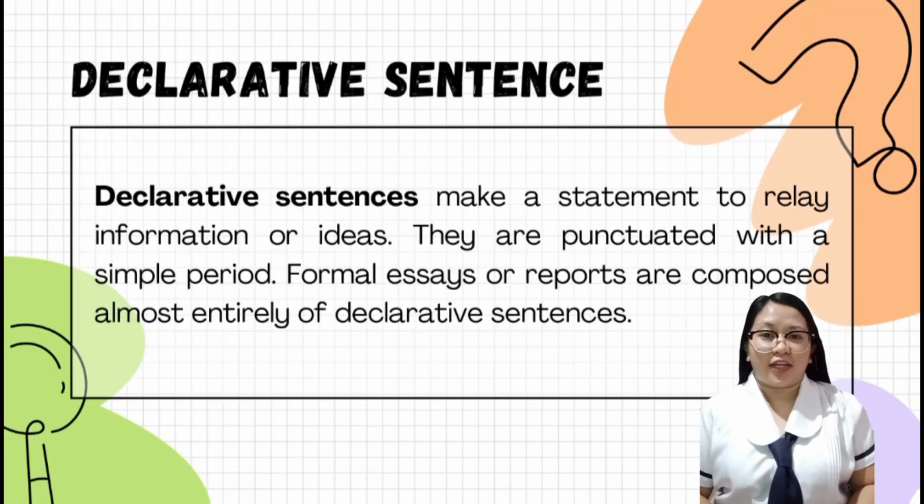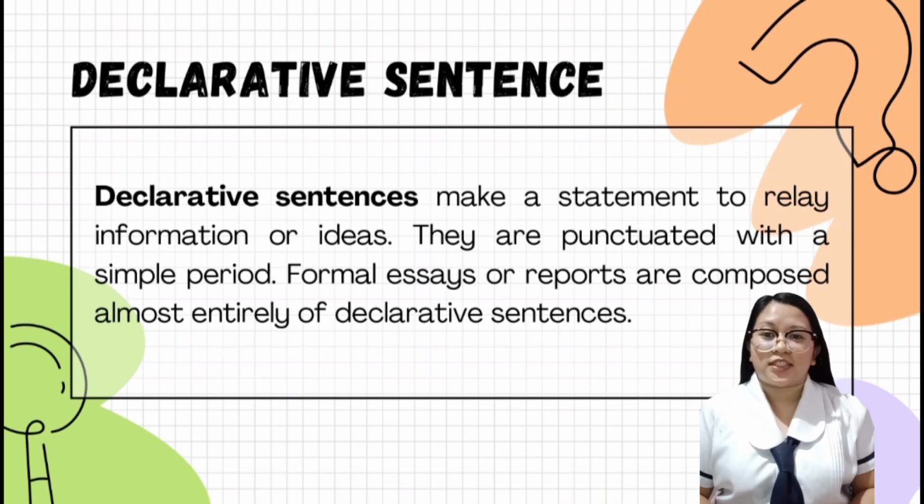The first kind of sentences according to function is the declarative sentences. When we say declarative sentences, it is a statement to relay information or ideas. They are punctuated with a simple period. Formal essays or reports are composed almost entirely of declarative sentences.